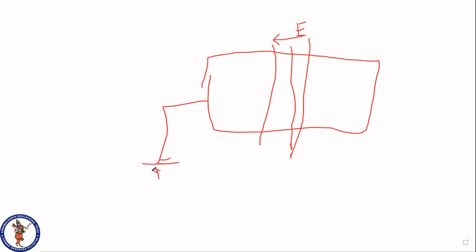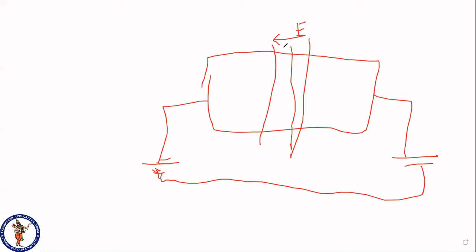There is some inbuilt electric field in all the diodes, and if we apply a voltage more than that, then and only then will we get movement of these electrons. Otherwise the electrons and holes will stay at their positions only.